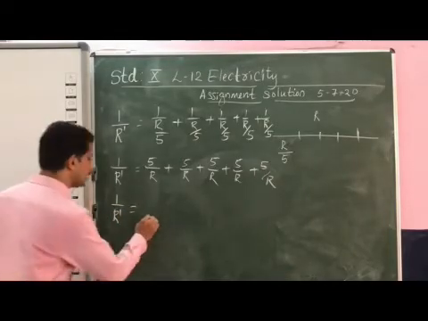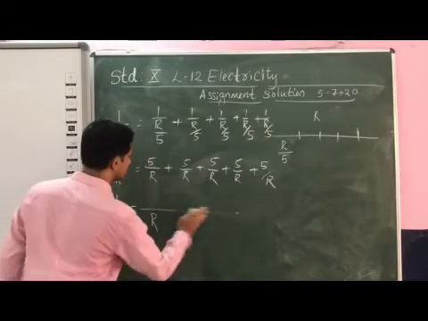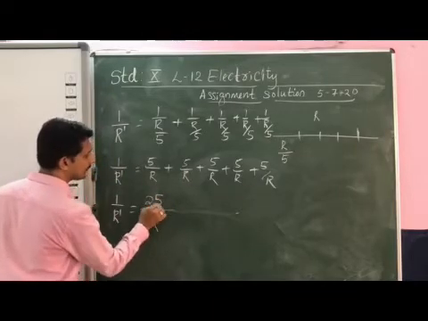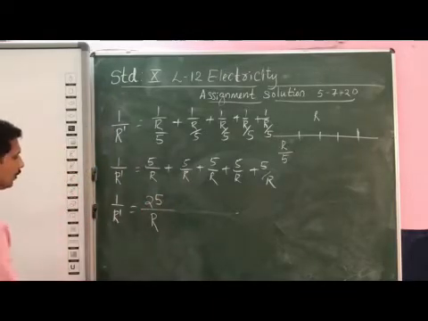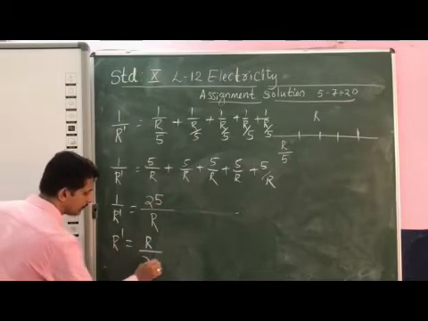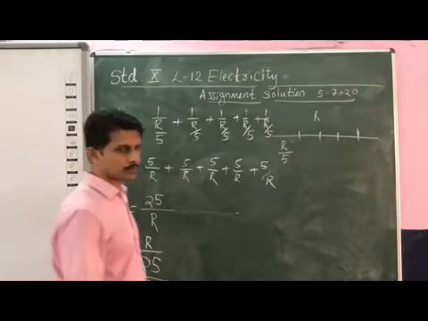What is the LCM? R is our LCM. So 25 divided by R. Or R dash is equal to R by 25. So this is where we are getting the effective resistance of this combination as R by 25.